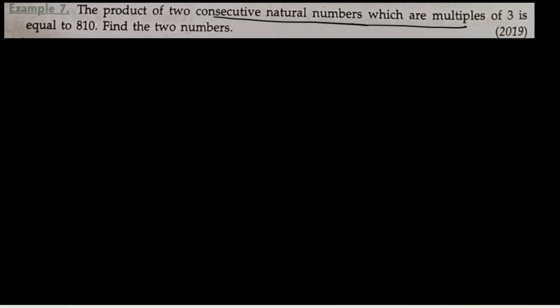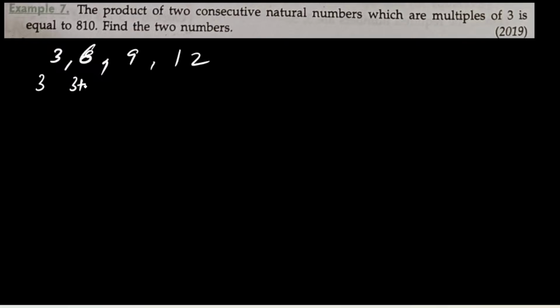First of all, you can write the numbers in number form for your understanding. Multiples of 3 look like 3, 6, 9, 12. If the first number is 3, the next number is 3 plus 3, the next is 6 plus 3, again the previous number plus 3. So 3 is getting added whenever we are talking about multiples of 3.